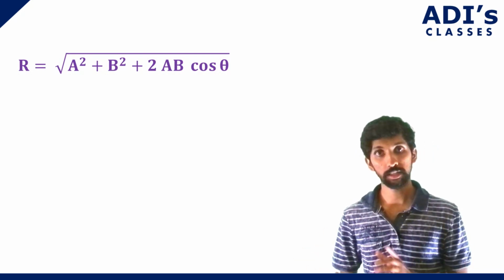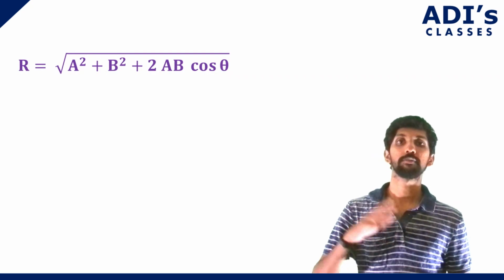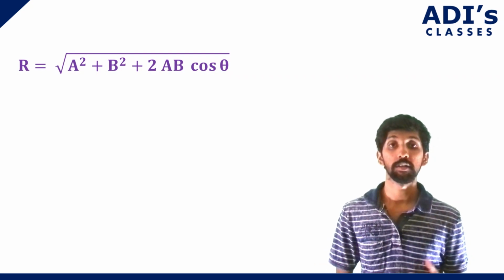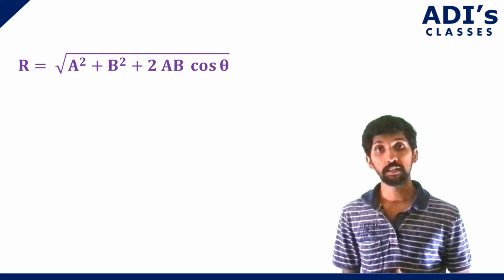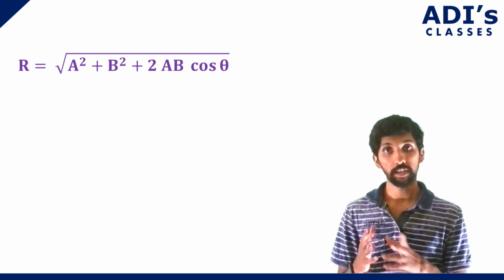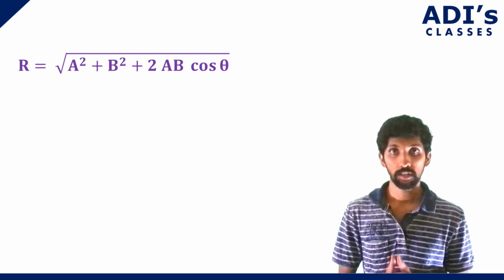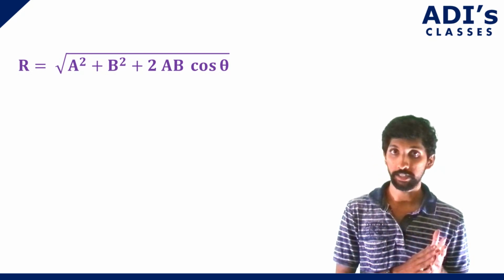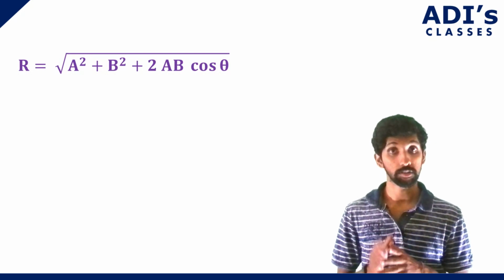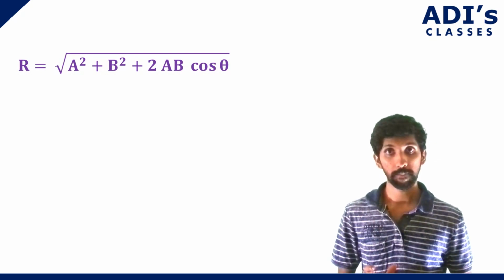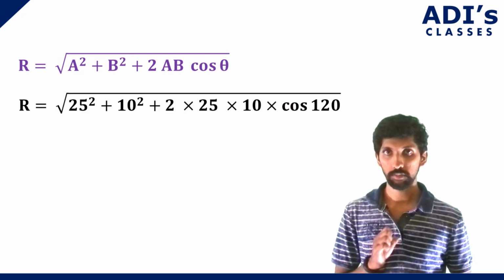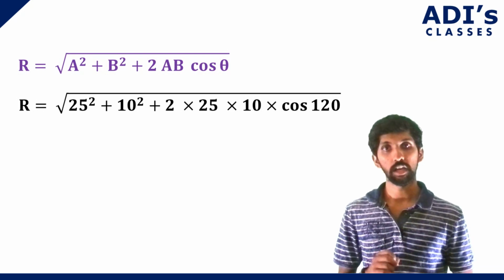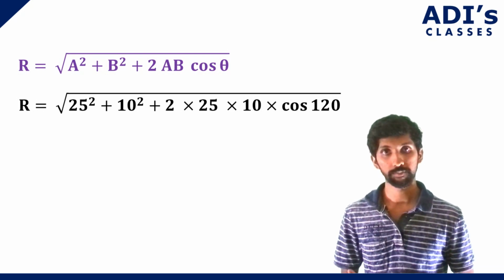Correct? So 120 degrees. Now remember the formula. Go back and remember the formula. The resultant R is equal to root of A square plus B square plus 2AB cos theta. Correct? So this was the resultant. Now in this case, A value is 25.